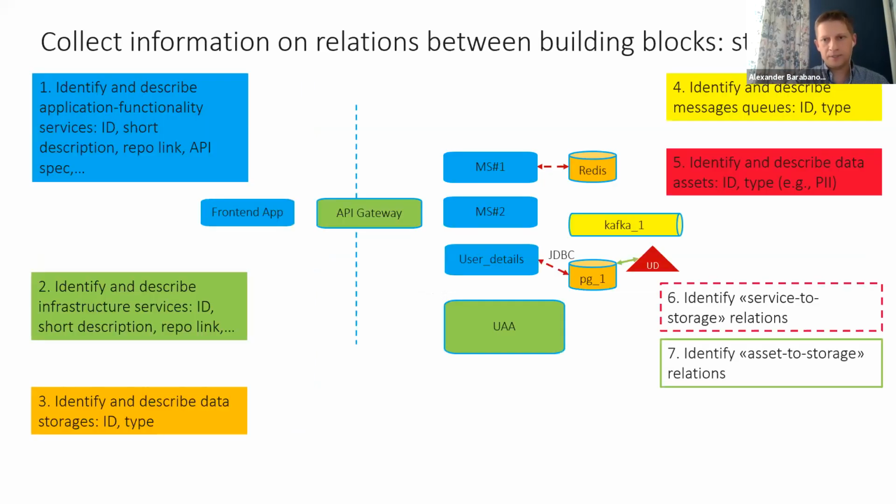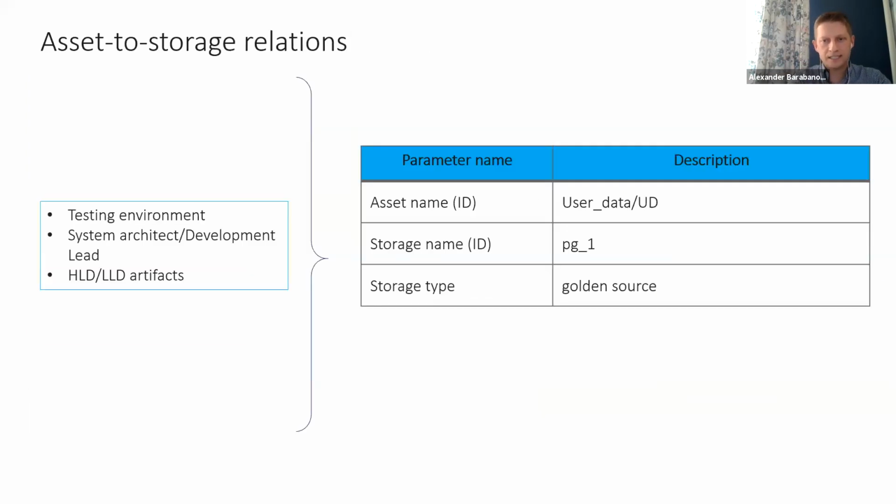For example, on the next slide, we can take user data from Postgres and store it into some additional storage like Redis. And for that type of storage, it will be cache, not golden source. So you have to identify, is it a golden source or is it a cache with particular storage type.